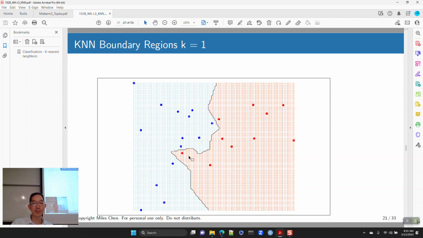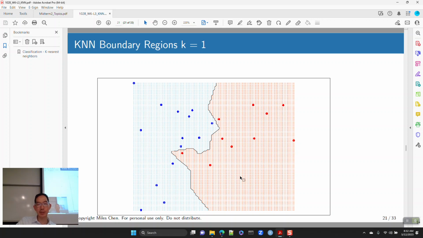This is the boundary region that we get, and then it draws a line to indicate these boundaries. This is the resulting shape. With k equal to 1, every dot has a lot of influence on how things get classified.